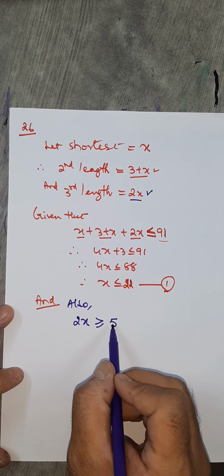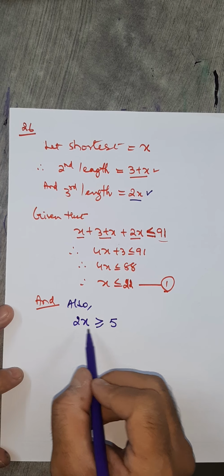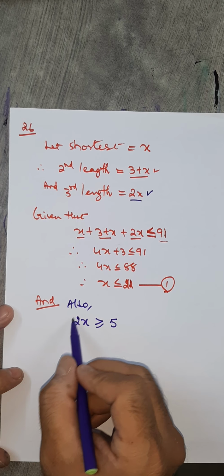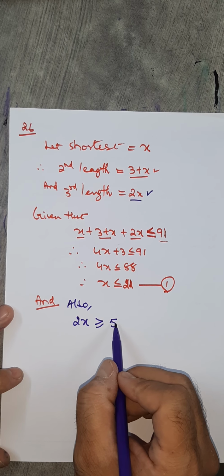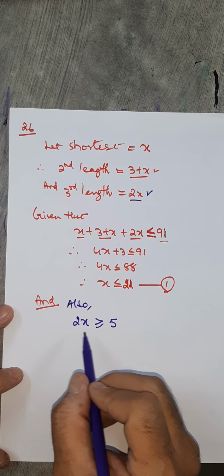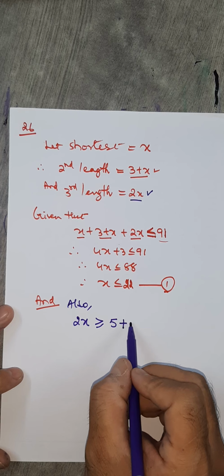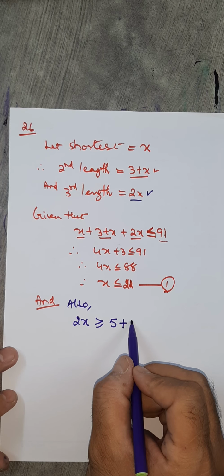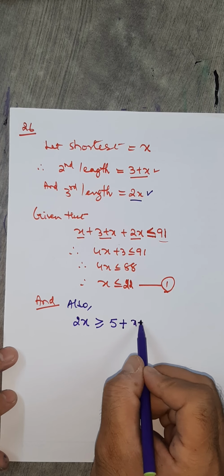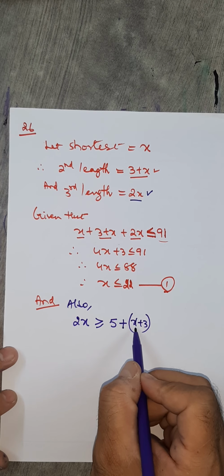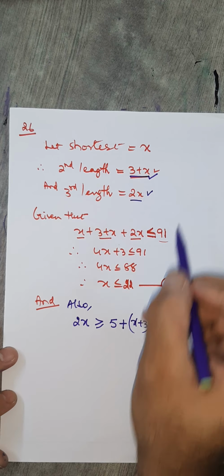At least 5 means 5 or more than 5. Third piece is at least 5 longer than the second. So plus second one. What's the length of the second one? That is x plus 3 or 3 plus x. Got it? This one, 3 plus x.